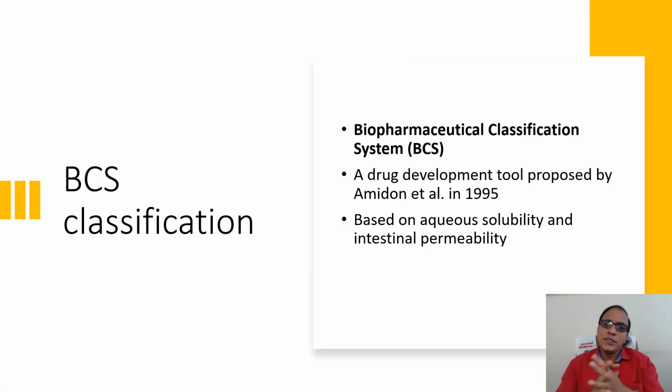Now moving to the BCS classification. It is a drug development tool which was proposed by Amidon in 1995. It is based on aqueous solubility and intestinal permeability. Now, why do we need this kind of classification?